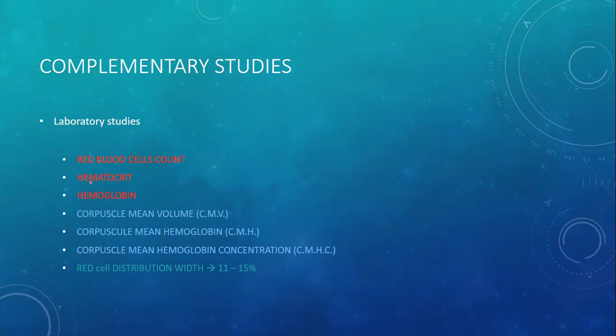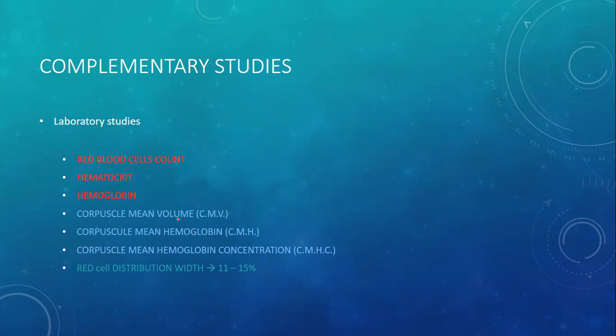So these are the primary red series values. These are the secondary ones, the next three. Corpuscle mean volume, I'm sorry, there's a mistake here. It's CLE, right? Corpuscle mean hemoglobin and corpuscle mean hemoglobin concentration.